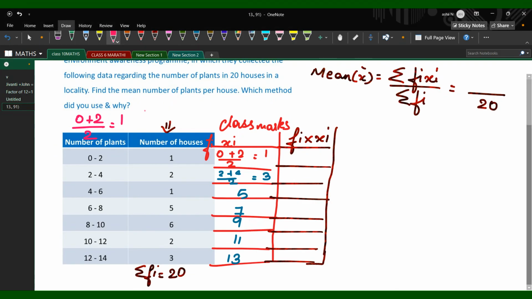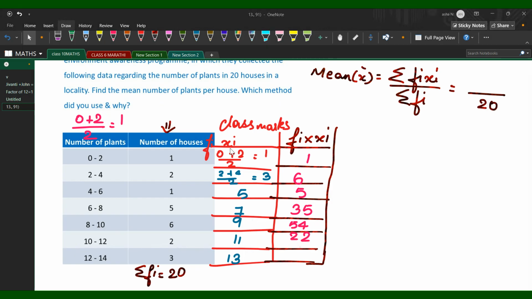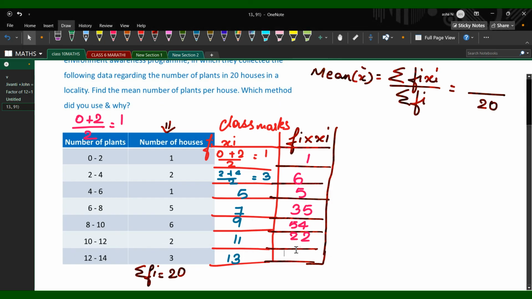Now fi multiplied by xi: 1 one is 1, 3 twos is 6, 1 five is 5, 5 sevens is 35, 9 sixes is 54, 11 twos is 22, 13 threes is 39, isn't it? So here it will be 39.